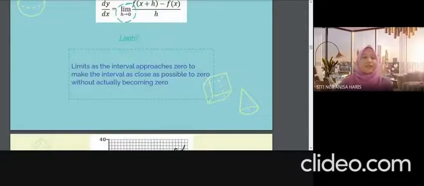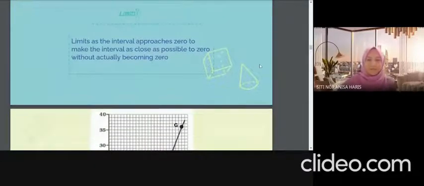It means that to get the most accurate value of the speed at a particular point, we need the smallest interval value. I know it's quite complicated, right? But don't worry, you will understand this concept when we go through the example after this.